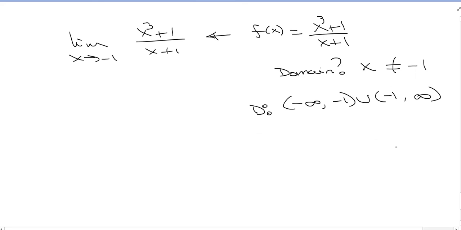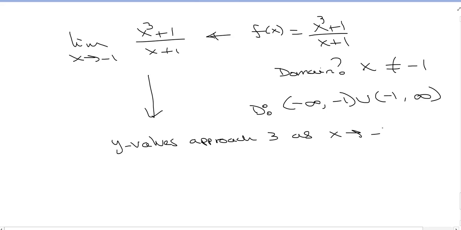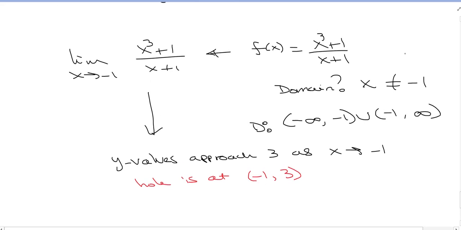So now I know based on my limit that the y values approach 3 as x approaches -1. And because we have a hole, that means that the hole is at -1, 3.